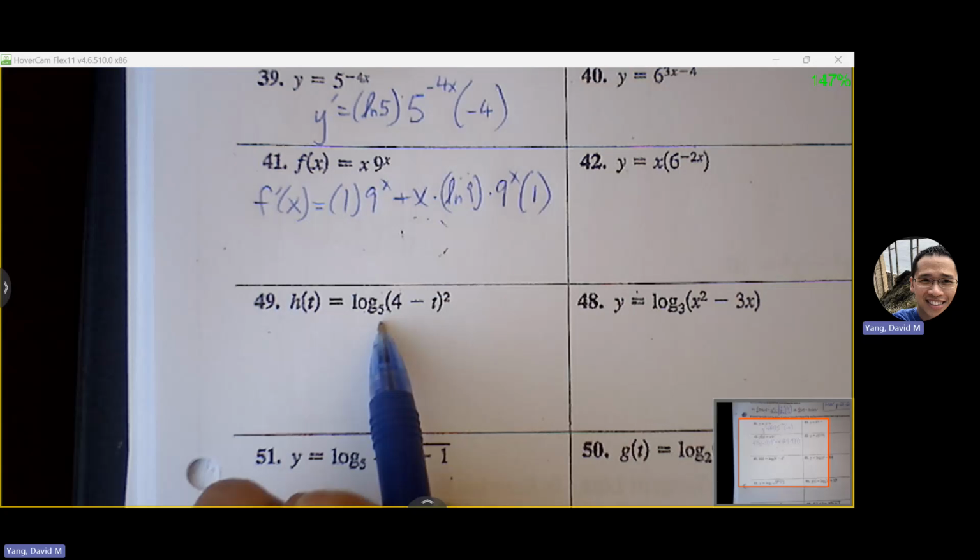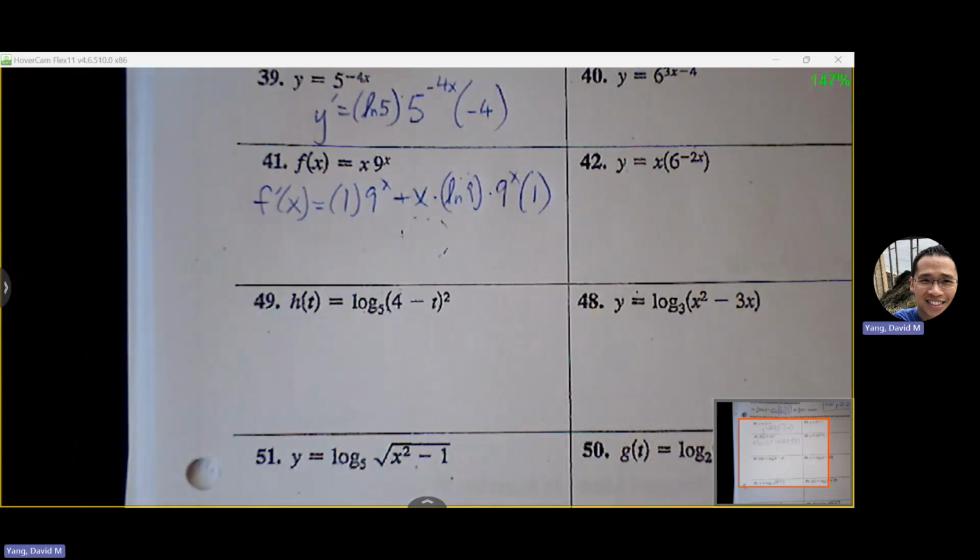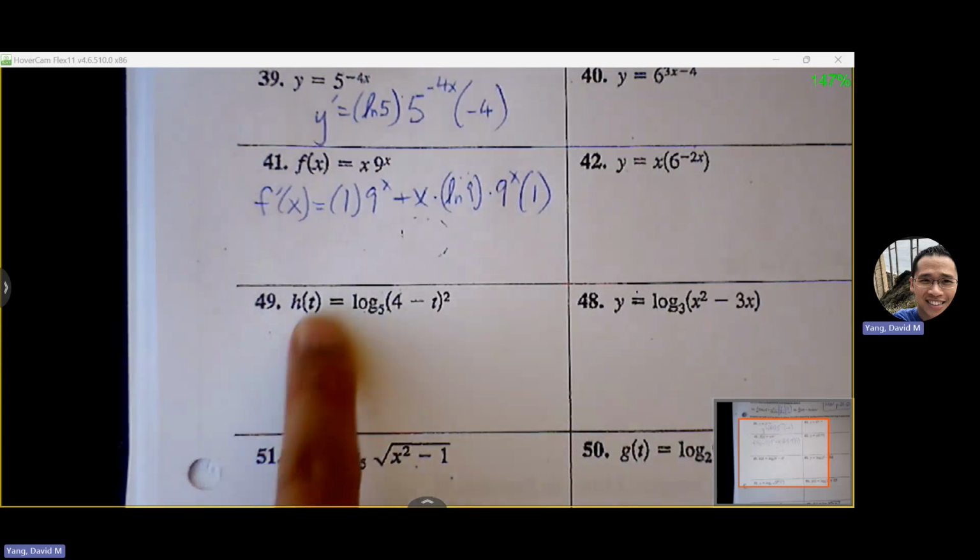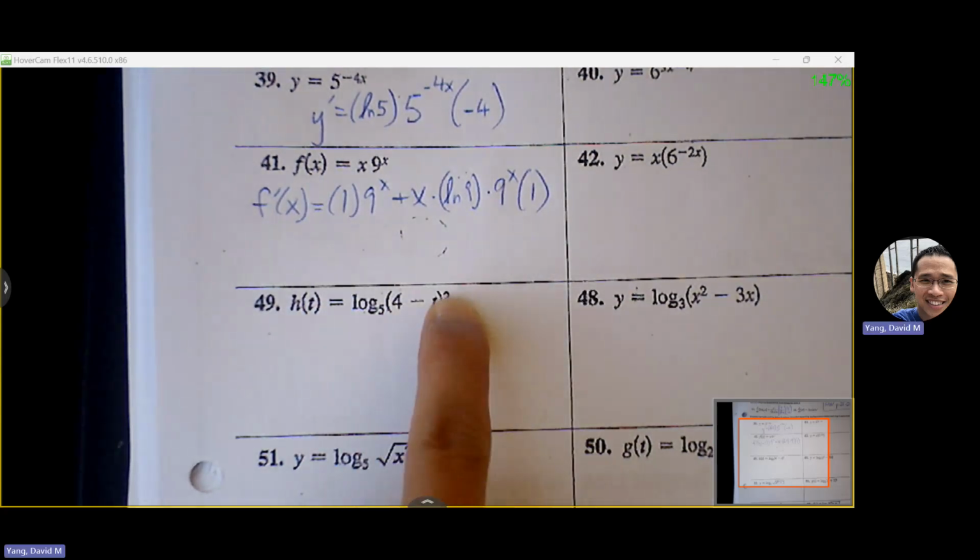49, log base 5. I know sometimes we look at this and it feels more intimidating than natural log, but just pretend like it's natural log until we get to the derivative. So what would you do first if this was natural log? Yeah, move that exponent down.